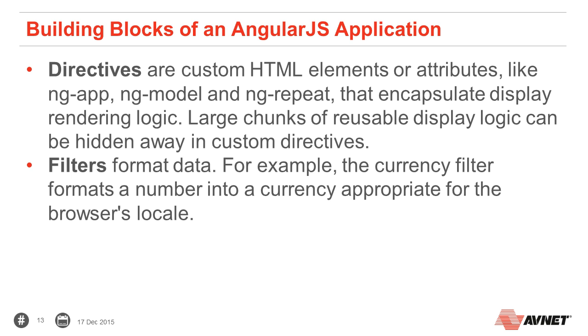So next we talk a little bit about the building blocks of an AngularJS application. The primary one that we had seen was a directive. A directive is going to be some custom HTML element or attribute that does not exist as part of standard HTML. ng-app and ng-model are just two examples of that. We have many other directives, such as ng-repeat.